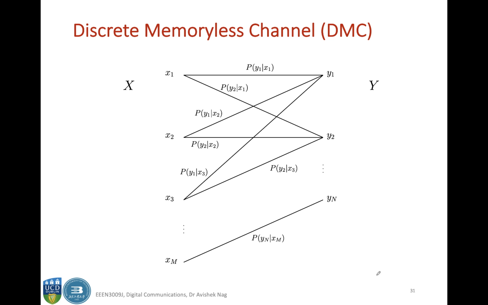So in today's lecture we will revisit our discussion about the discrete memoryless channel. During the start of the semester we talked about the discrete memoryless channel, and here you can see the diagram that denotes a discrete memoryless channel.